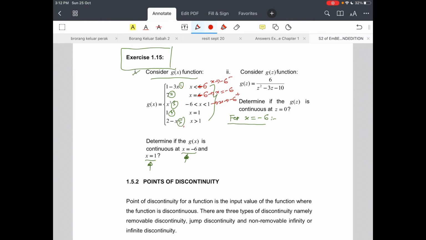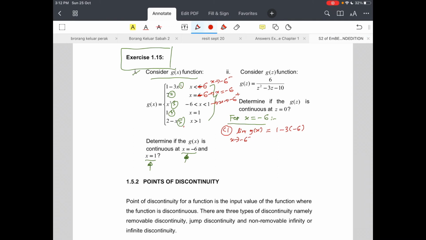Okay, the right. Now we have already identified which functions to use, so let's test condition number 1. We evaluate the limit of g(x) as x approaches -6 from the left. So we have here the second function, which is 1 minus 3 times negative 6. So you should be able to get your answer.